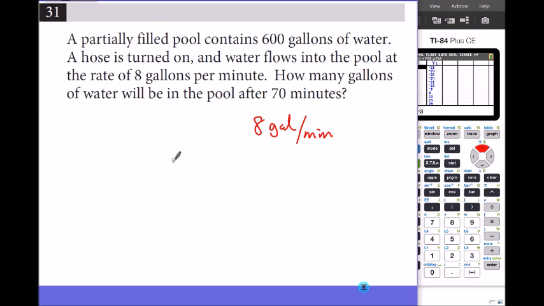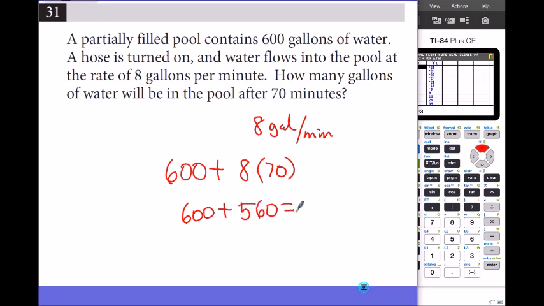So there were a total of 600, your flat term or what you start with, and you add 8 gallons per minute, and it's asking for 70 minutes after. So you get 600 plus 560 is 1160 gallons. You don't put units on the free response.